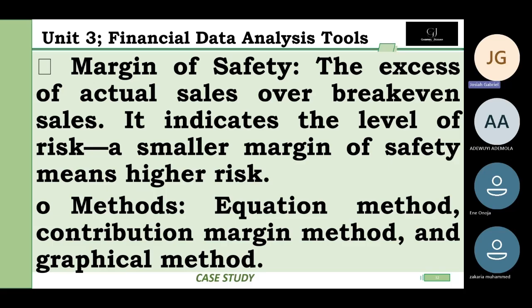more of a shift from the break-even analysis, where revenue equals total cost. So the margin of safety says have some form of buffer above cost a bit, and it indicates the level of risk. A smaller margin of safety means higher risk.